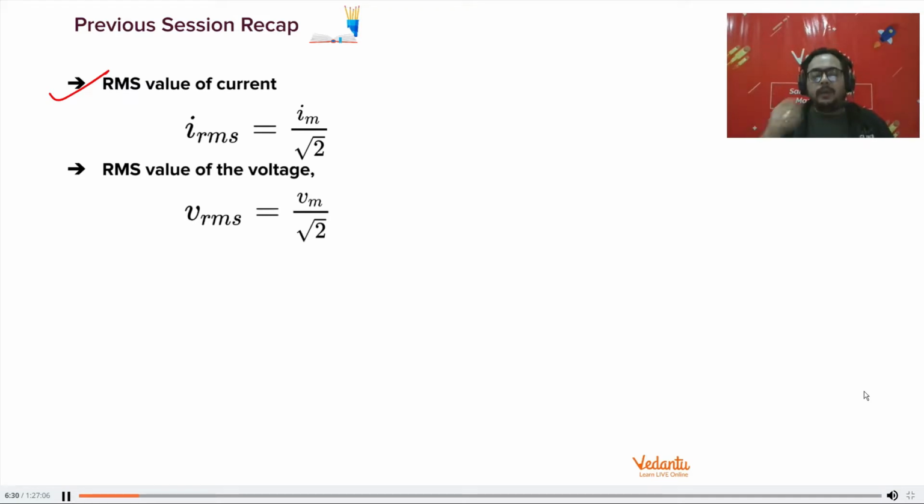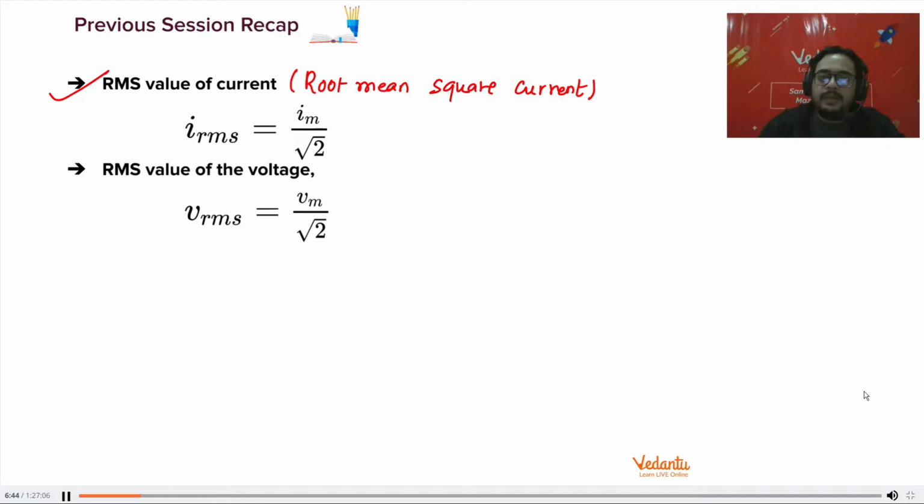What we studied more? We studied that one current which is very important in AC is called RMS current, or root mean square current. And the relation between RMS current or RMS voltage and peak current or peak voltage is this. Please note it down and remember it.